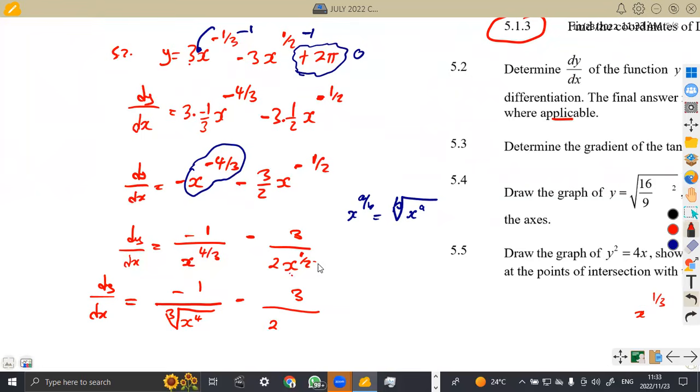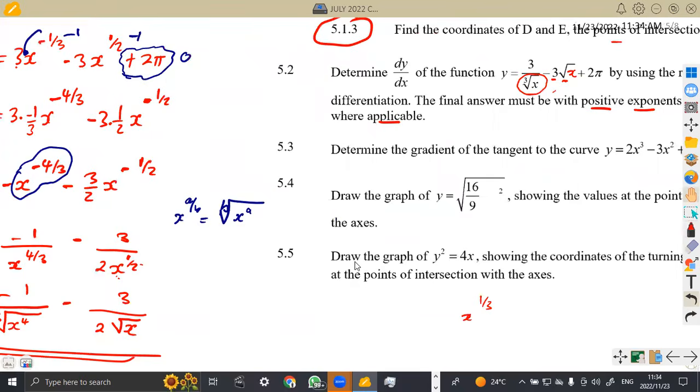Remember, x to the exponent of a half is the square root of x. We also talked about this before. So that is your final answer in terms of positive exponents and in surd form, wherever it was applicable. Okay, so that's it.